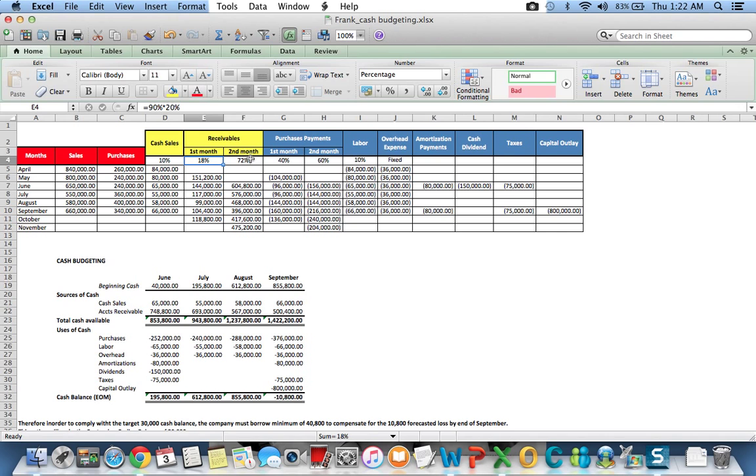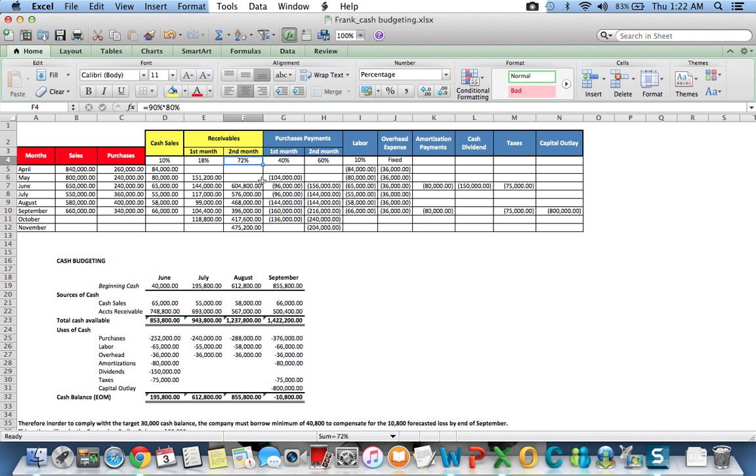Since 18% are collected in the month after sales, the collected credit sales amount will reflect in the month of May, and so on. So these are the credit sales of each month. And 72% are collected 2 months after.